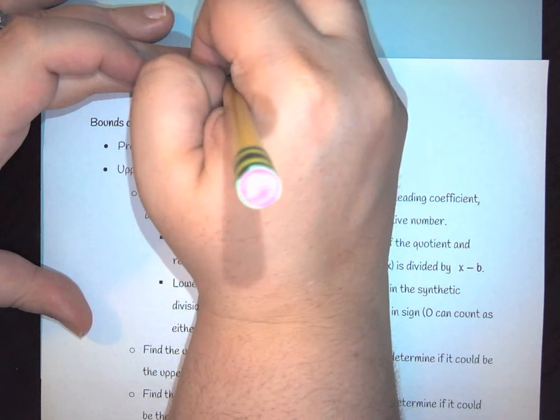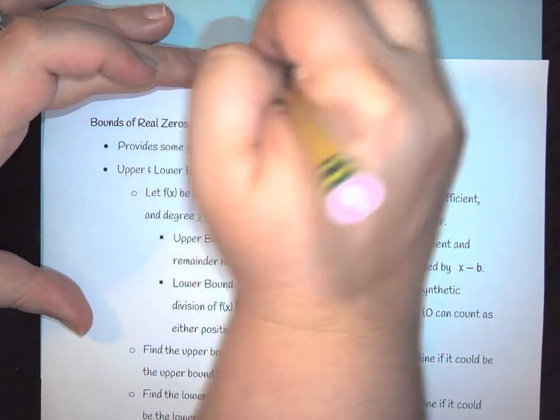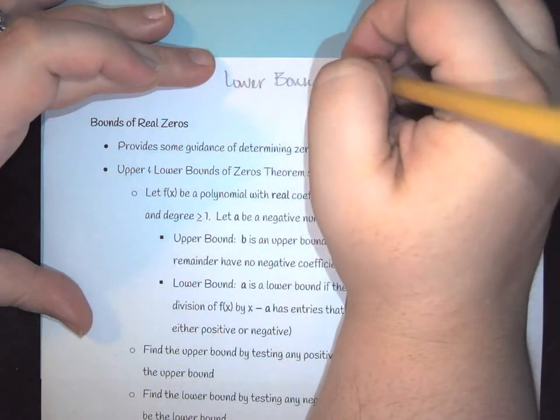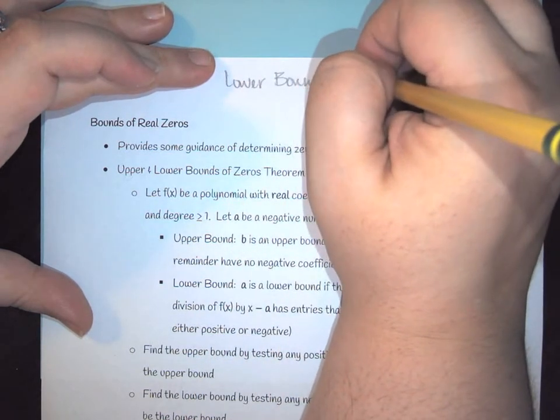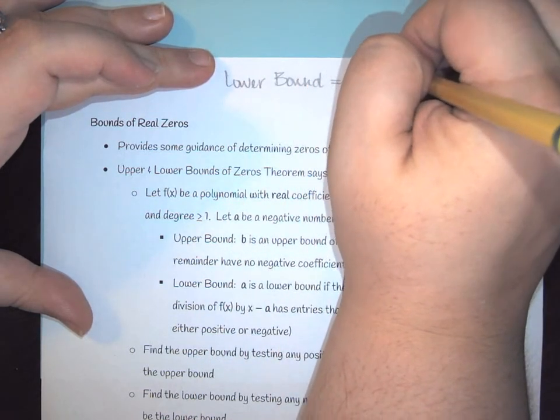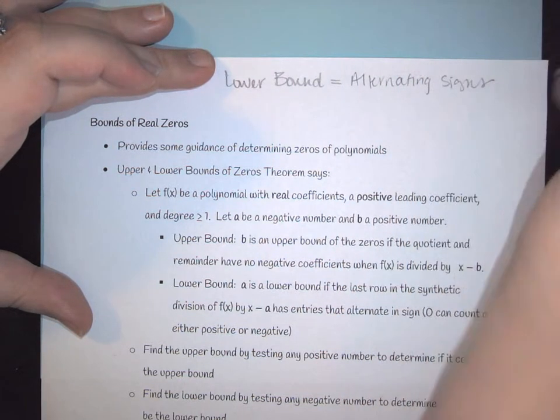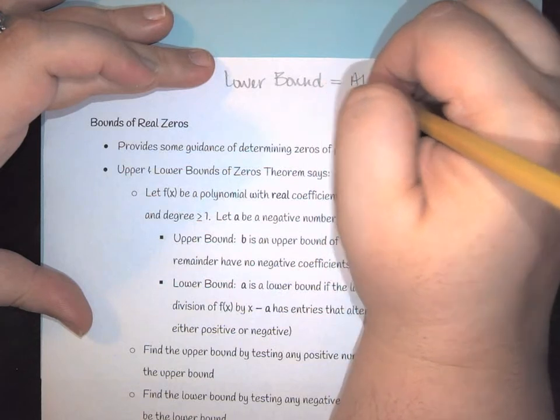When we're talking about your lower bound, we are looking at alternating signs of synthetic.